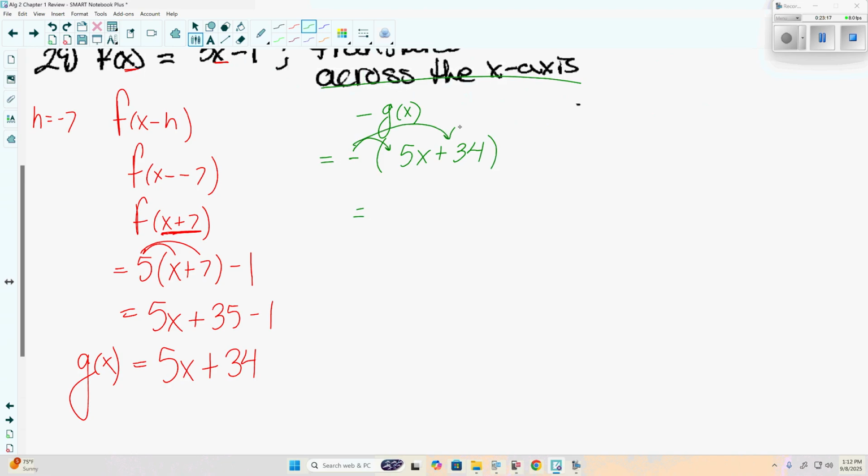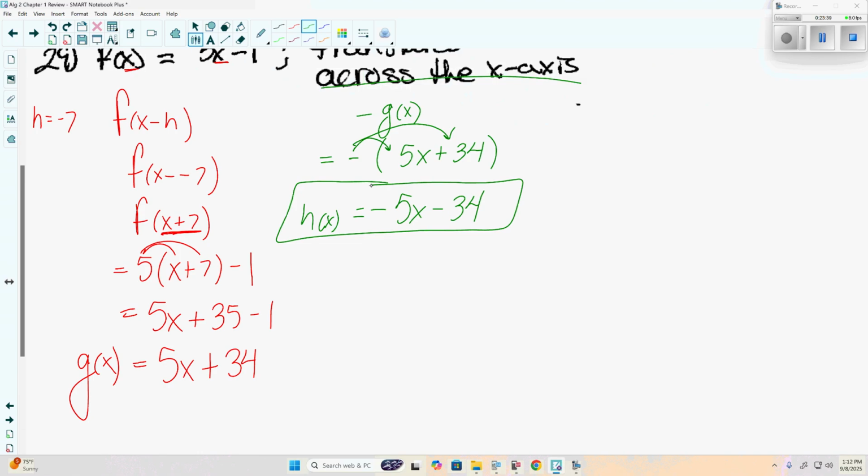We're going to multiply every term by that negative, which is going to make our 5x negative. It's going to make the 34 negative, giving us negative 5x minus 34. And that's it.